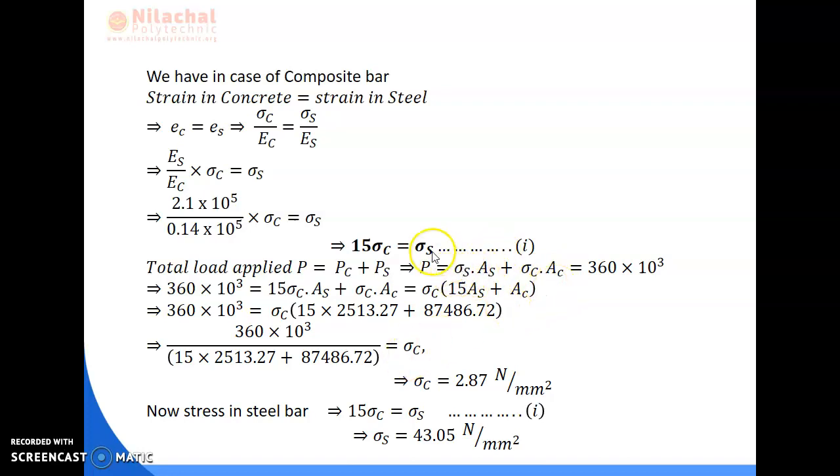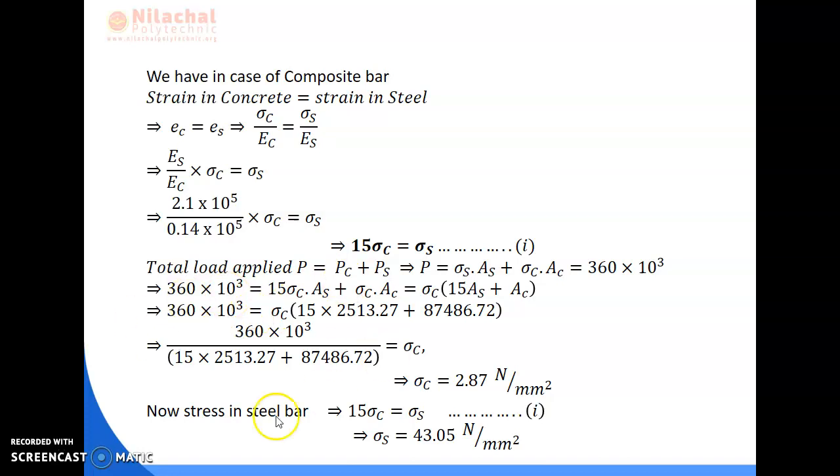Putting the value of sigma S from equation 1, sigma S is equal to 15 sigma C, we have 360 into 10 to the power 3 is equal to 15 sigma C into AS plus sigma C into AC. From this expression, sigma C can be taken common. Now sigma C whole bracket 15 AS plus AC is equal to 360 kilonewton.